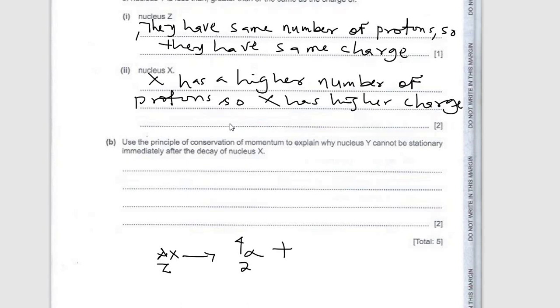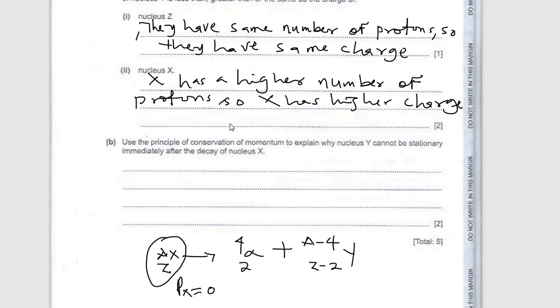The remaining one will be A minus 4 and Z minus 2. This is Y. And the question said X is stationary, an isolated stationary nucleus X. If X is stationary, momentum of X will be equal to 0.